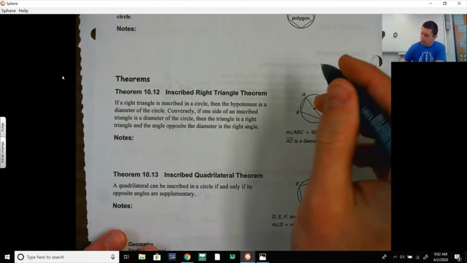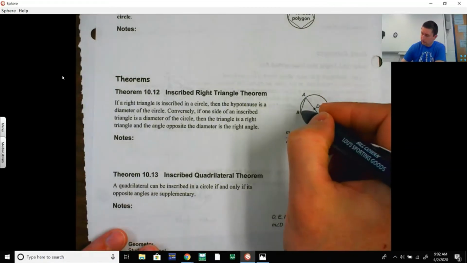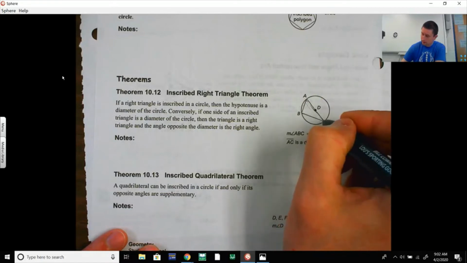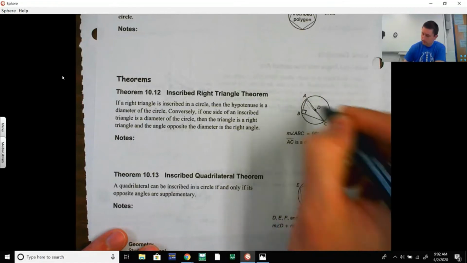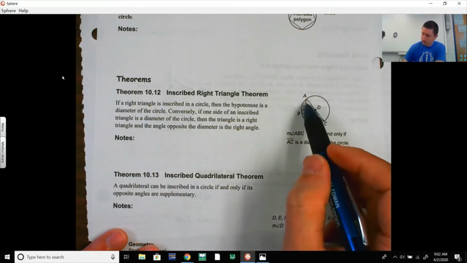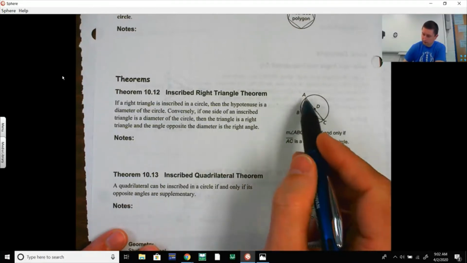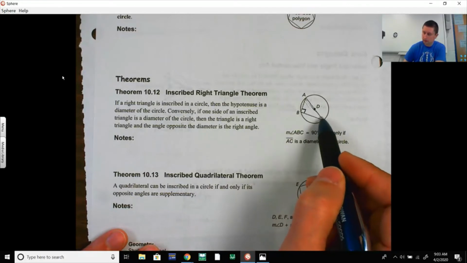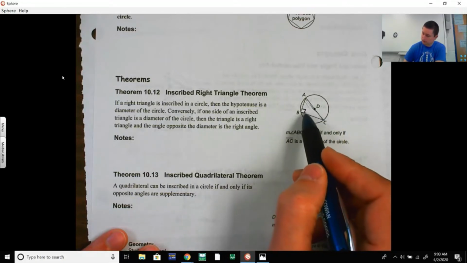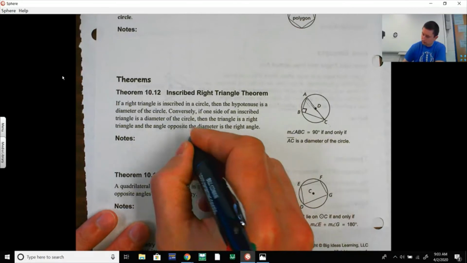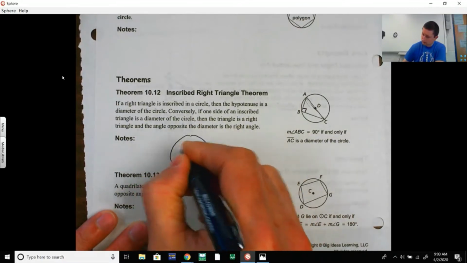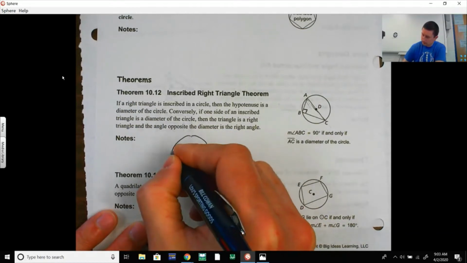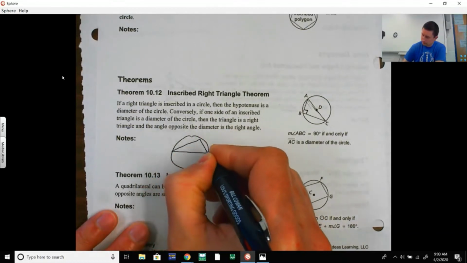Next one is if you have an inscribed triangle that goes through the center, then you have a 90-degree angle. So if you have a triangle that is inscribed, and the longest side, which would be the diameter, goes through the center, then you have a 90-degree angle. So you can draw another circle, and let's say we don't know if that is a diameter, but we do know that this is a 90-degree angle.